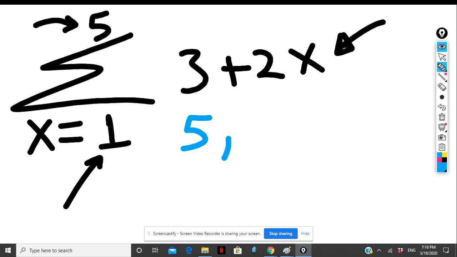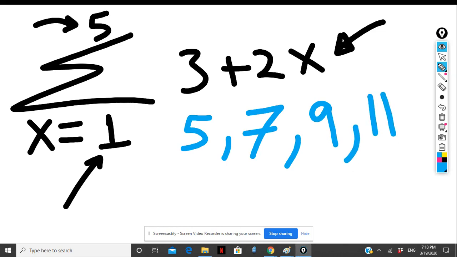Now when x is 2, 2 times 2 is 4, plus 3 is 7. When x is 3, 3 times 2 is 6, plus 3 is 9. When x is 4, 4 times 2 is 8, 8 plus 3 is 11. And when x is 5, 5 times 2 is 10, plus 3 is 13.